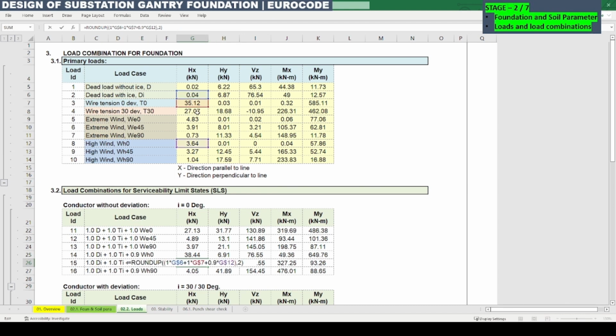Again here, without ice and with ice plus wire tension, but here we need to consider the conductor tension with the deviation, wire tension with the deviation.